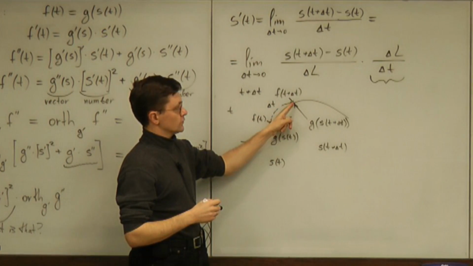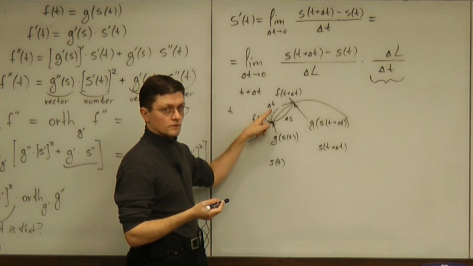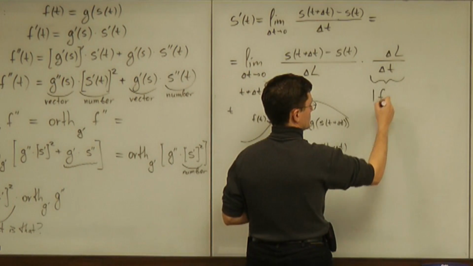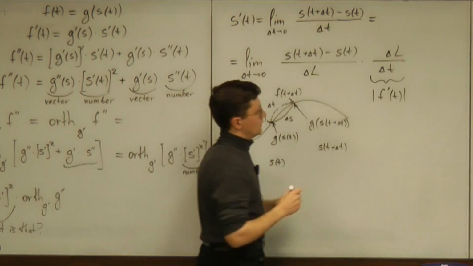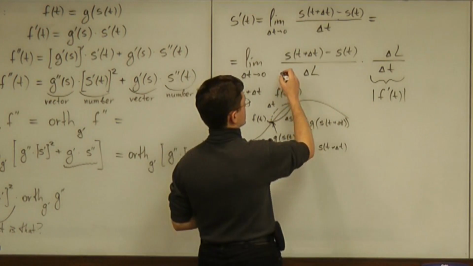The distance traveled by the first car divided by the time spent. That's the speed of the first car. The speed of the first car is the magnitude of the velocity.